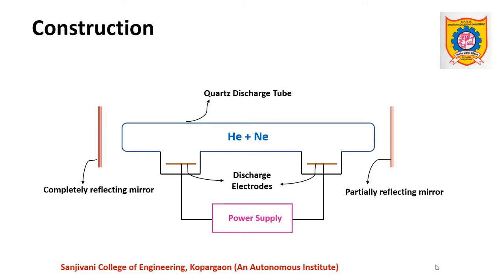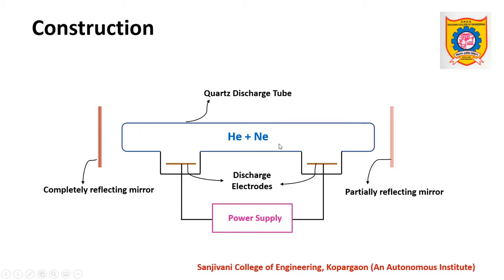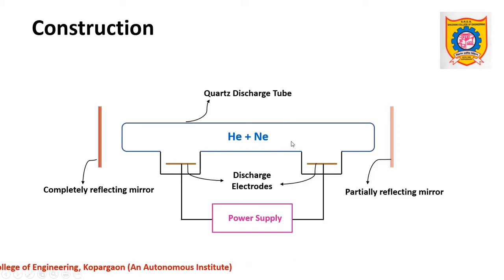So when the system is started, that is when power supply is switched on, these discharge electrodes activate and electric discharge is passed through the mixture, means ionization takes place, and that results into highly energetic electrons which move across the mixture.